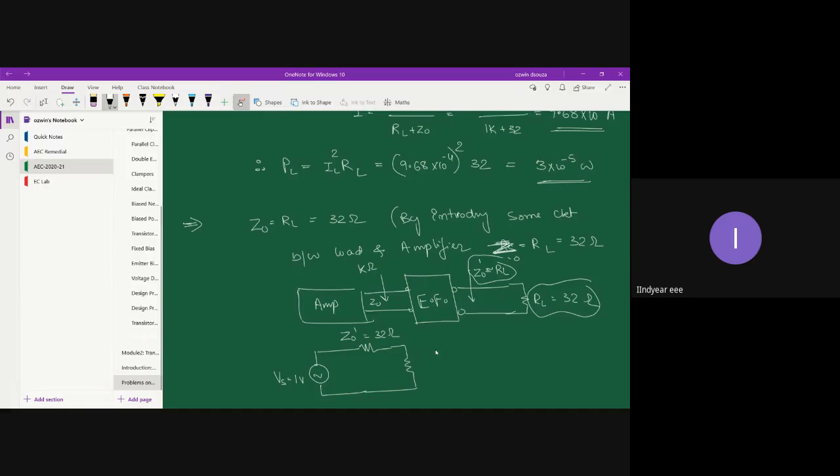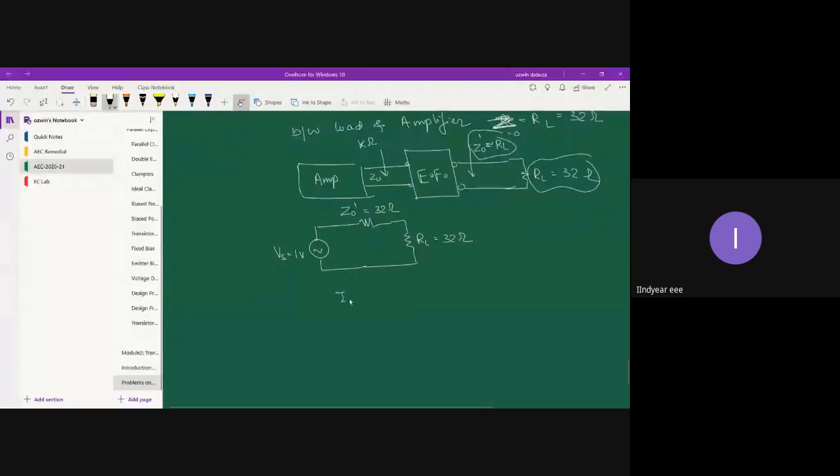We will see it in detailed analysis. And this is your RL, 32 ohm. Now you calculate IL. IL is equal to 1 divided by 32 plus 32, and then you can find out PL. PL is equal to IL square into RL. So 1 divided by 64.